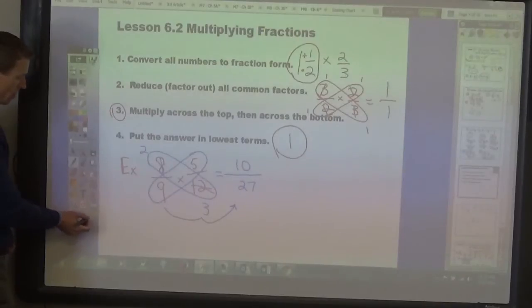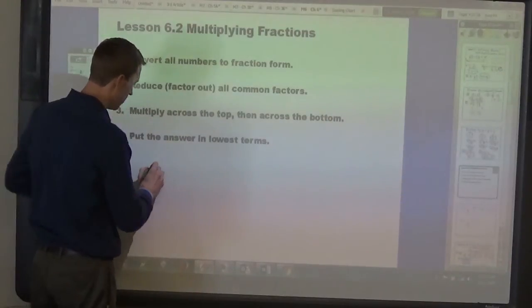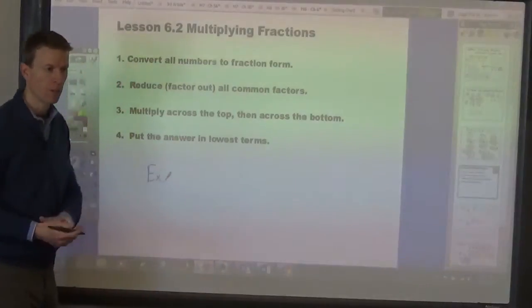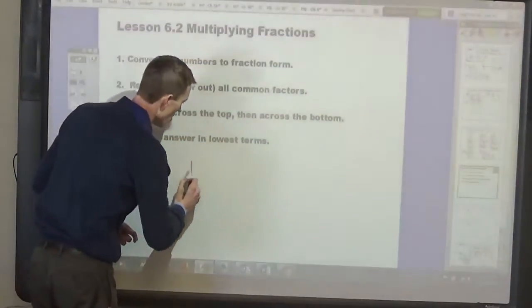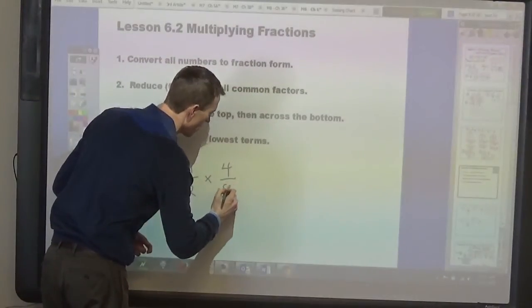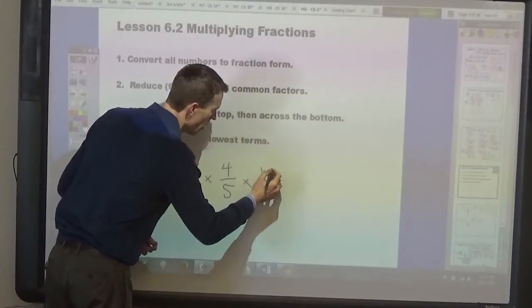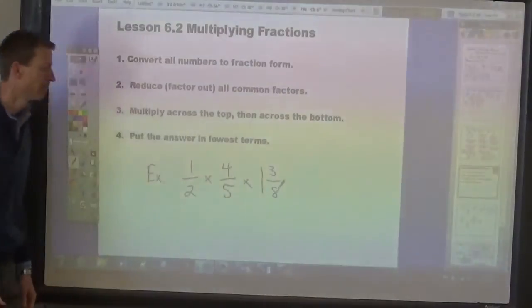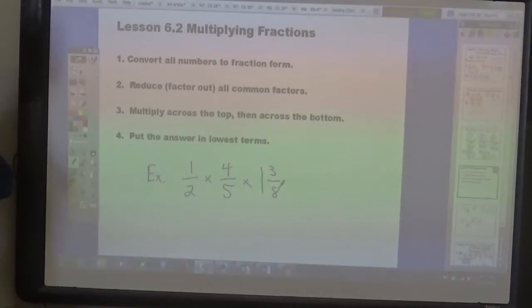One more. Let's do one more example. Sometimes you'll have more than two numbers that you're multiplying. Like 1/2 times 4/5 times 1 3/8. So what do you have to do first?